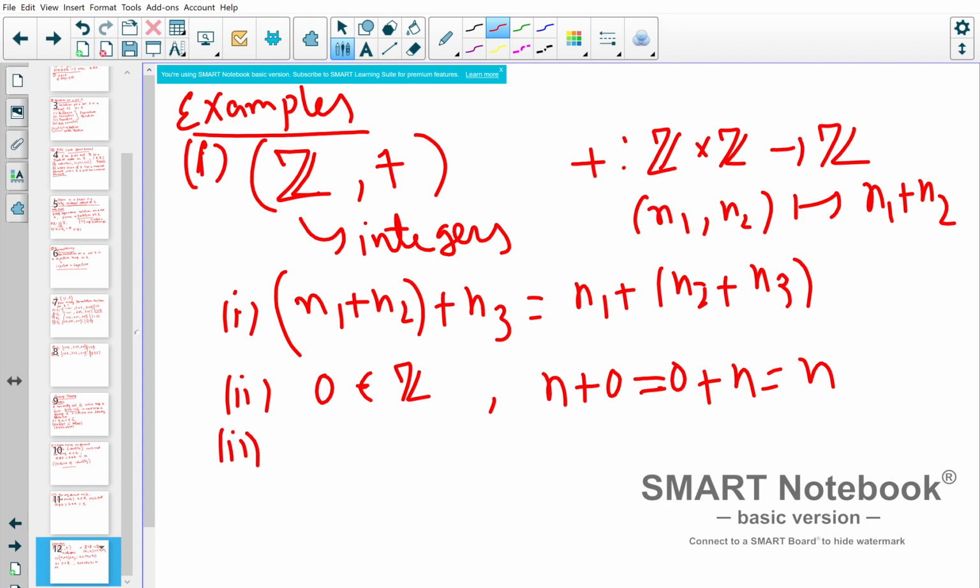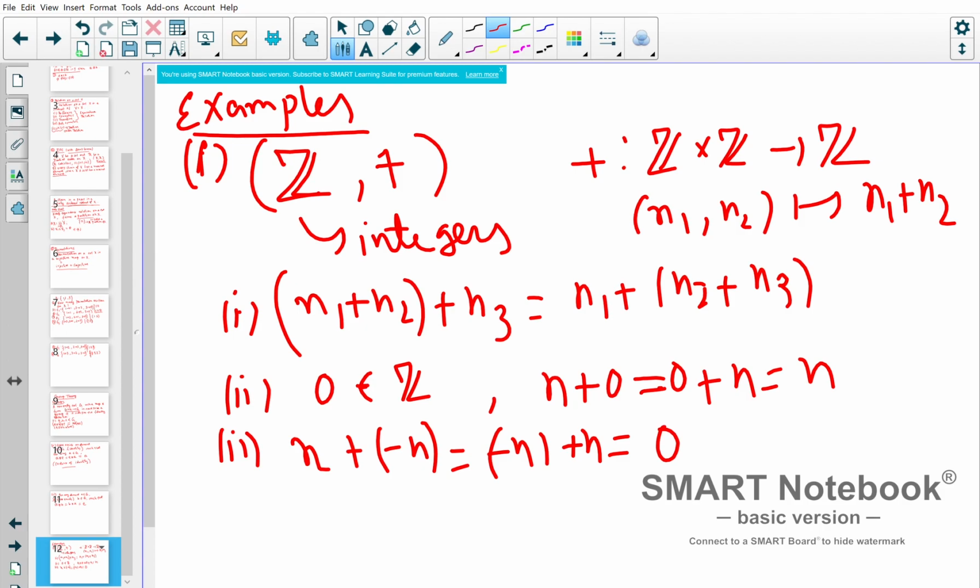Similarly, given any integer n, there exists the negative integer minus n, such that minus n plus n is the identity 0. So this is one example, and there are many examples.